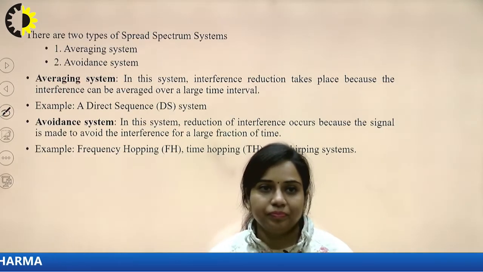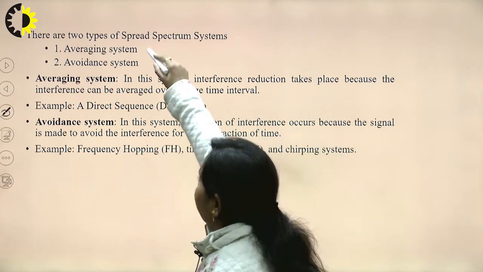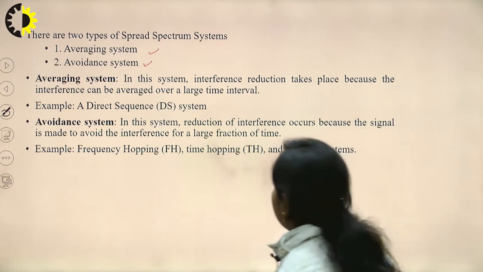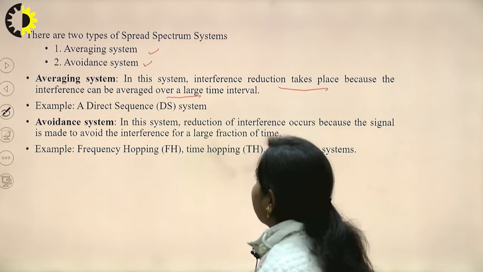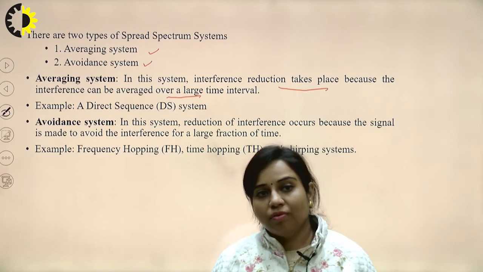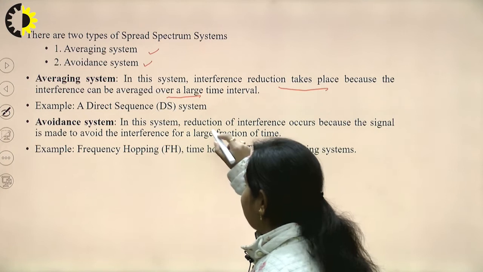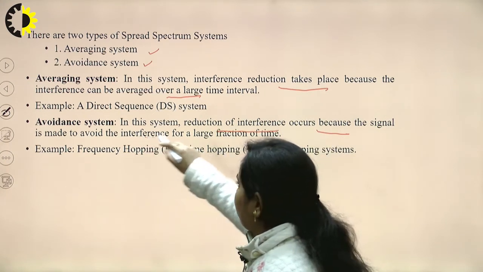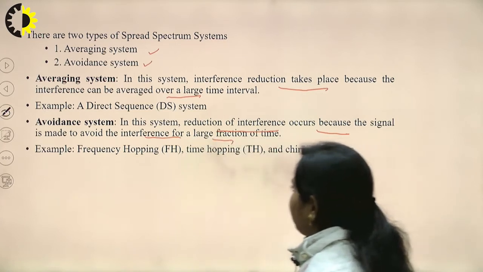Now there are two different types of spread spectrum system. The first one is the averaging system, the second one is the avoidance system. In case of the averaging system, the interference reduction takes place because the interference can be averaged over a large time interval. So this is how the averaging will be made of all the sequences that have been generated. In case of the avoidance system, the reduction of interference occurs because the signal is made to avoid the interference for a large fraction of time.